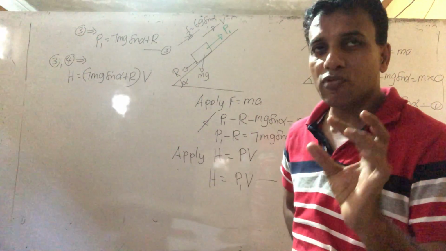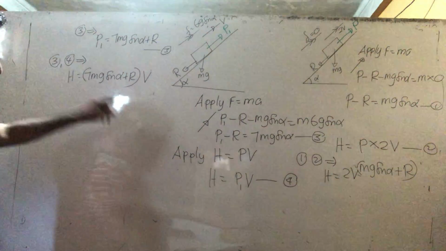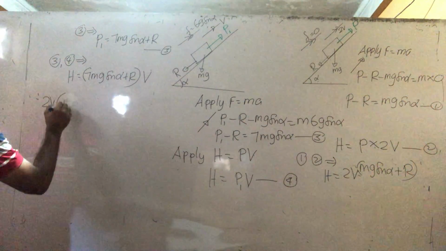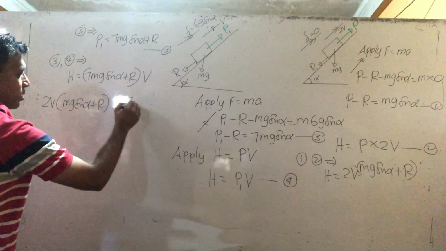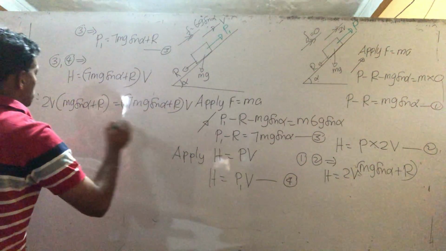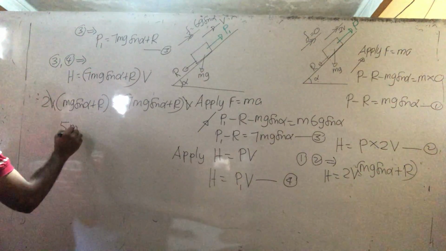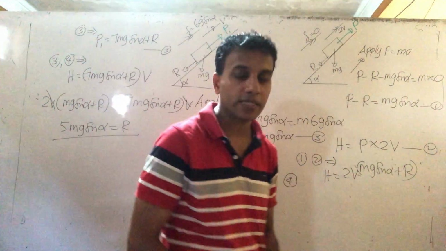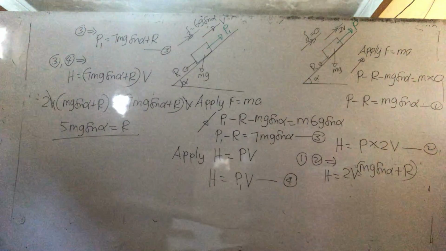Put in the H answer from before: 2V times (mg sin alpha plus R) equals (7 mg sin alpha plus R) times V. See, V cancels. 7 mg minus 2 mg gives 5 mg sin alpha equals R. So the constant resistance is 5 mg sin alpha.